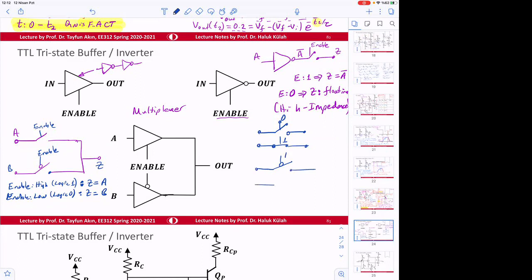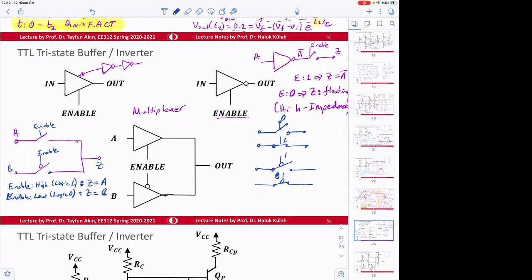And if you have a bubble and logic 0, this will be on, touching. So here is logic 0. And that's how the switches work, at least conceptually.